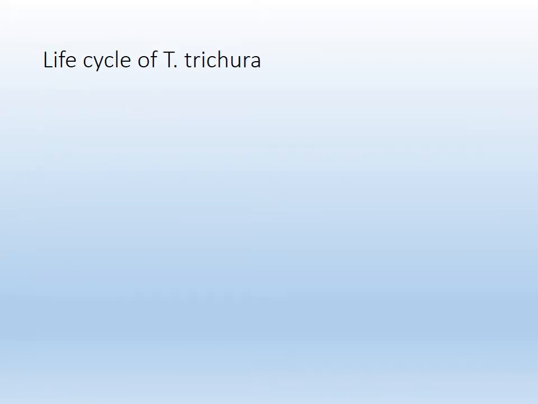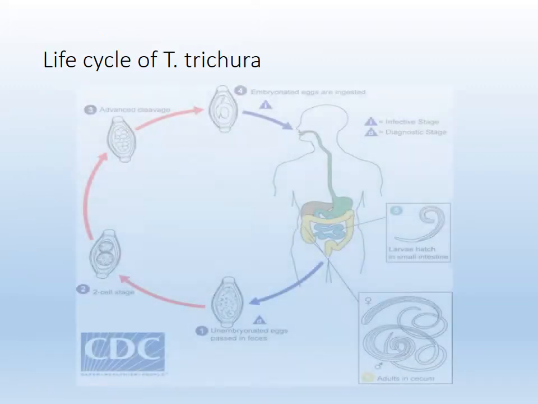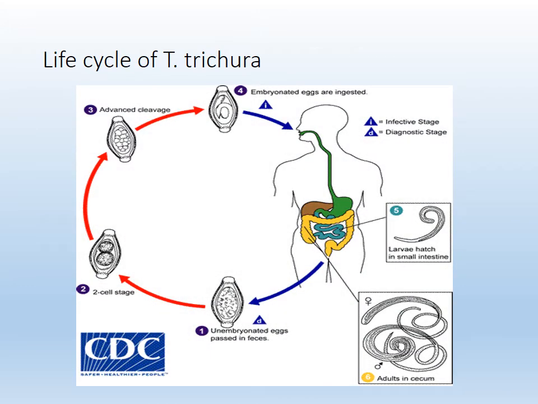If we look at the life cycle of this worm, again it is very simple. Human beings are the only host, and they get infection by ingestion of the infective form, which is the embryonated egg, by eating contaminated food or water.